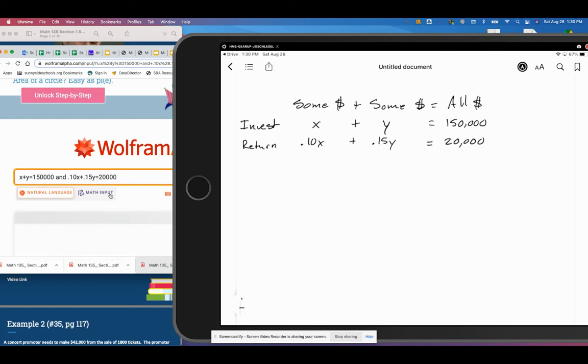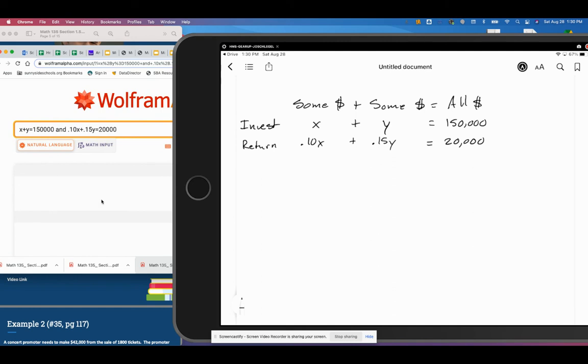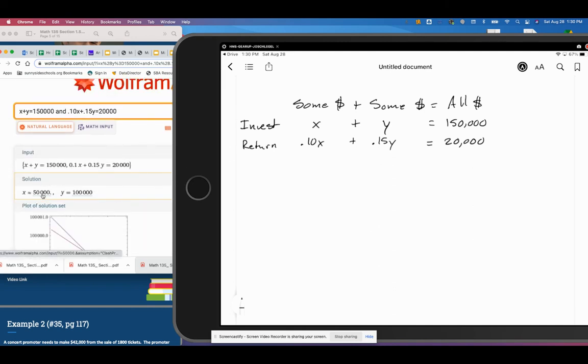And we will see that Wolfram tells us that Tanya should put 50,000 in the X fund and 100,000 in the Y fund. And so the X fund is representing the 10% fund, and the Y is representing the 15% fund.